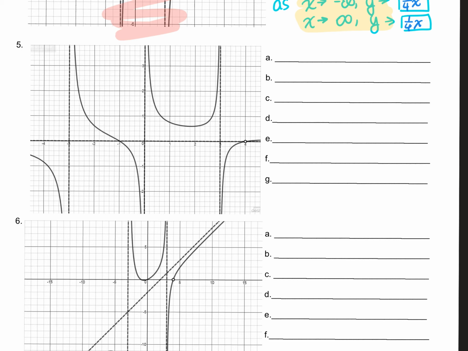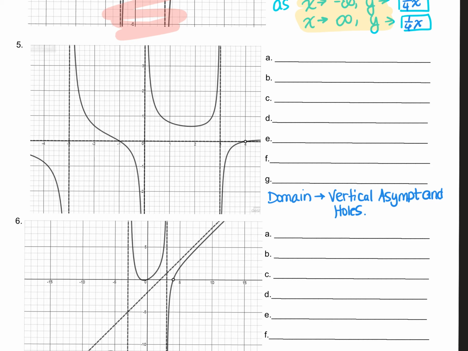So just like end behavior is directly connected to your slant or your horizontal asymptotes, when you think about your domain, domain is directly connected to two things: any vertical asymptotes, and any holes in the graph.